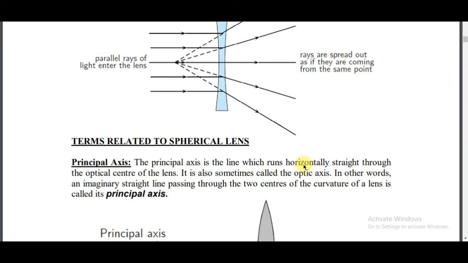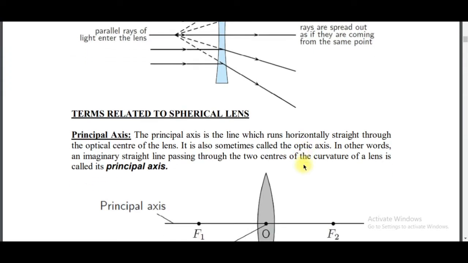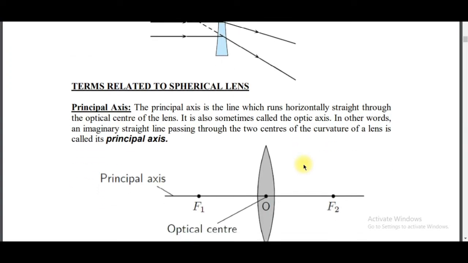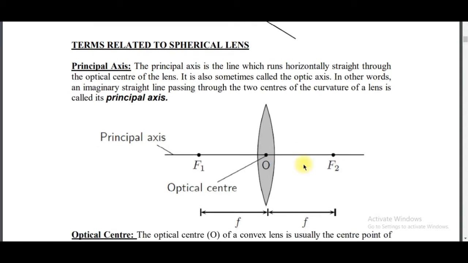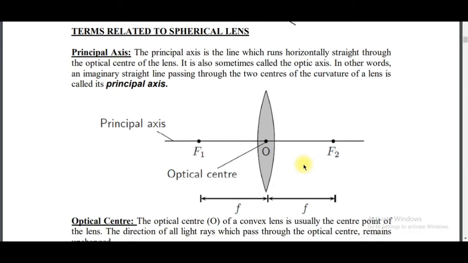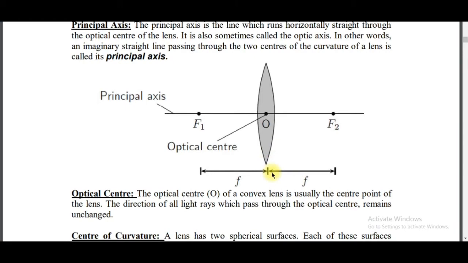Again, there are some terms related to spherical lenses. Principal axis is a line which passes through both the focus point and the optical center of the lens. The distance between the optical center and the focus point, any of the focus points, is called focal length, f. Optical center is the center point of the lens.